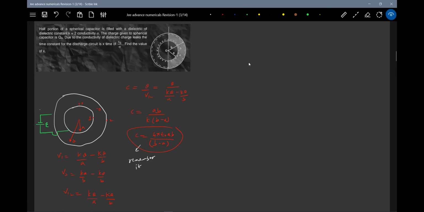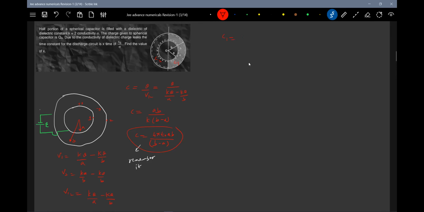This half is having capacitance, your dielectric slab K is there. The other half will not have any dielectric. And they're in parallel, so directly, can you adjust the formula? Therefore here, I will call this capacitance C1 and this C2.